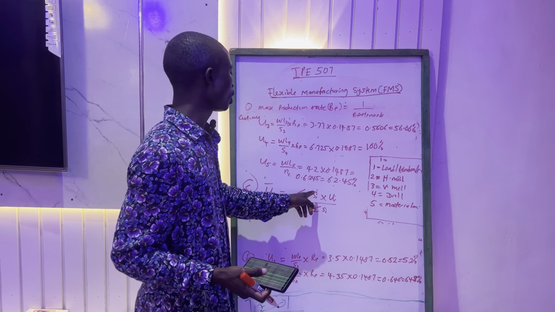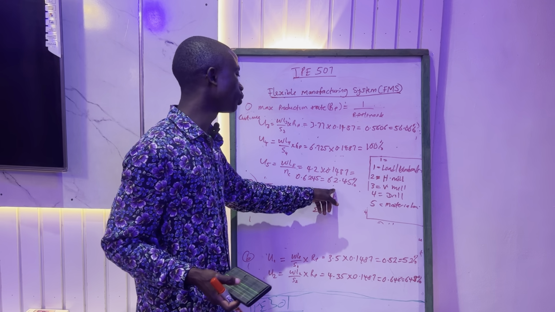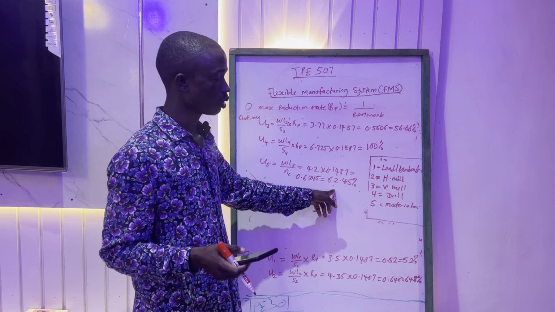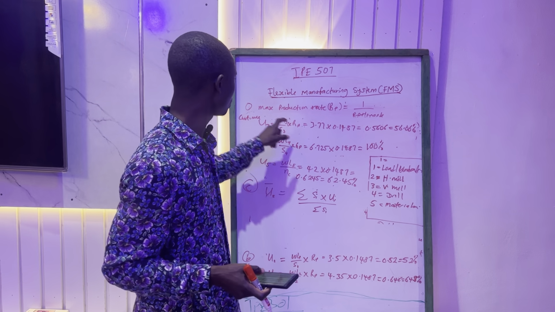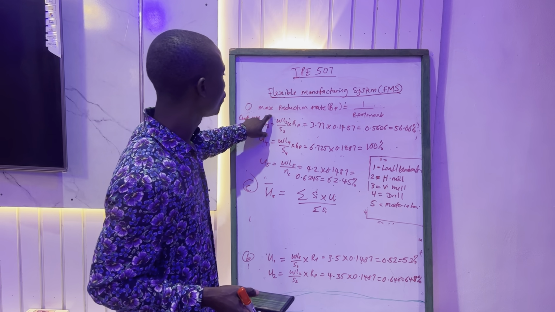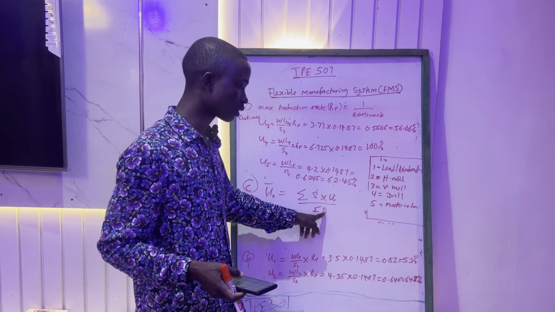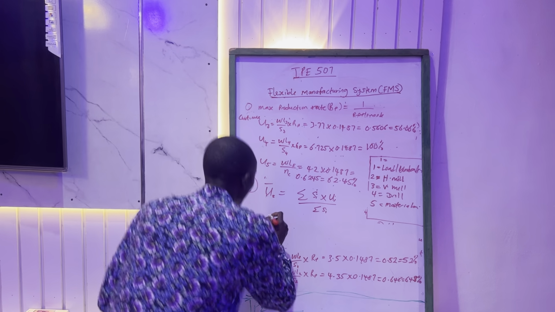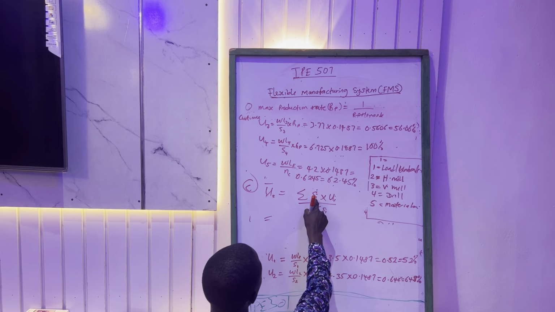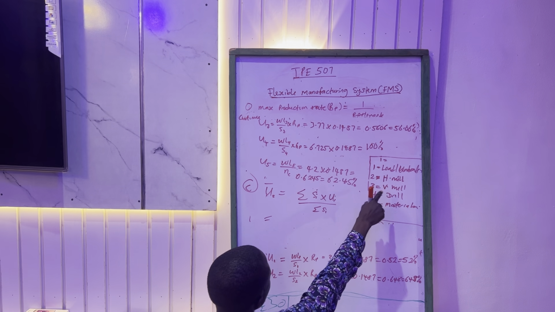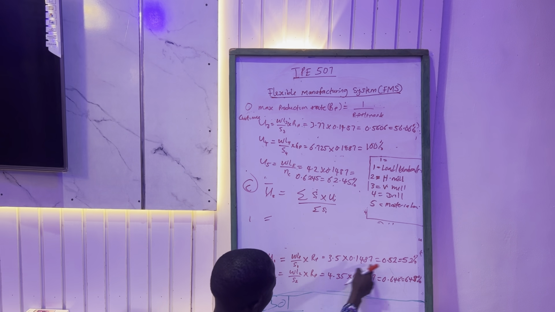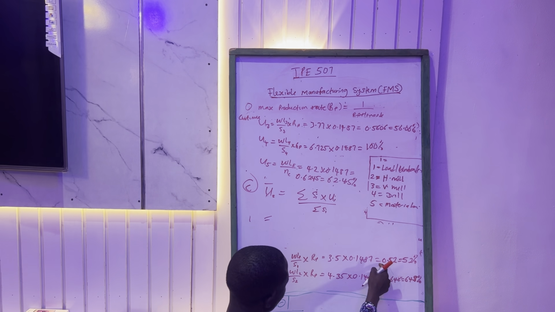That is the number of servers times the utilization of each workstation or machine, divided by the number of servers. That's the formula we use. And how do we do that? For load and unload, the utilization is 0.52.